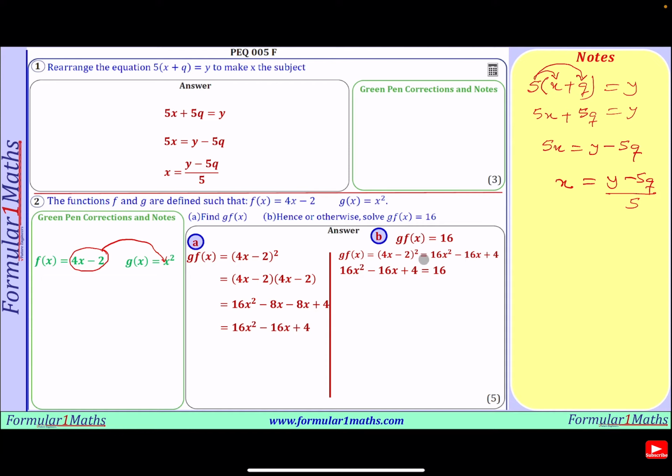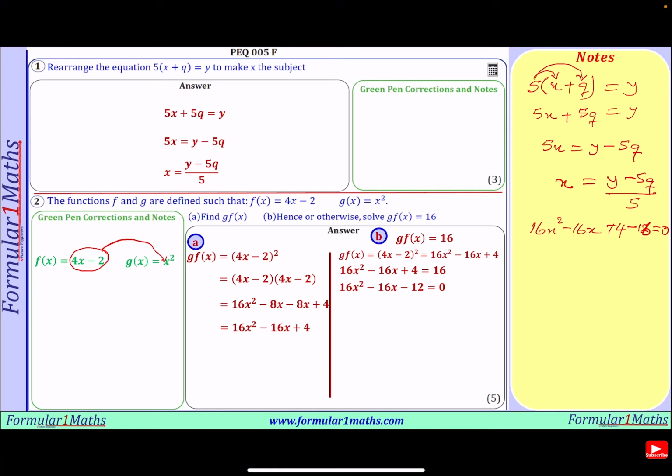If we do that, we get 16x squared minus 16x plus 4 minus 16 equals 0. If we simplify that, 4 minus 16 becomes minus 12. And so we get this.